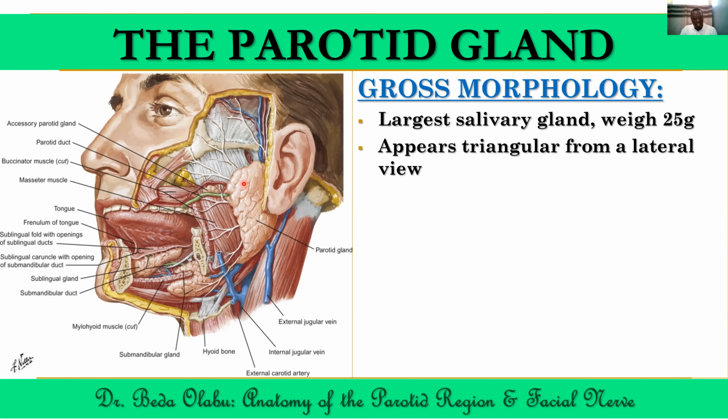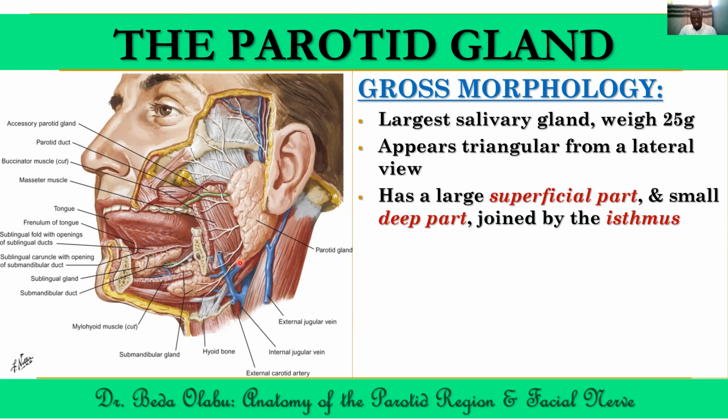It appears triangular when you look at it from the lateral view, as you can see here. Perhaps this is the base and this is the apex. But this gland generally has a superficial part and a deep part. The superficial part is what we are able to see easily here. The deep part, as the name suggests, is much deeper.